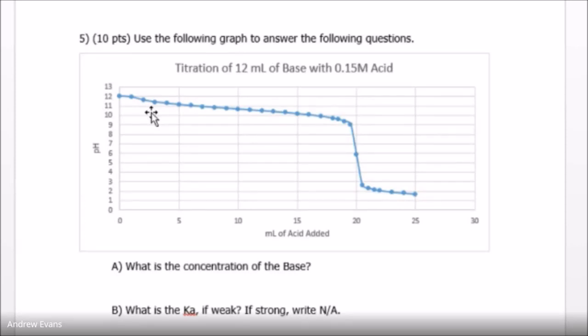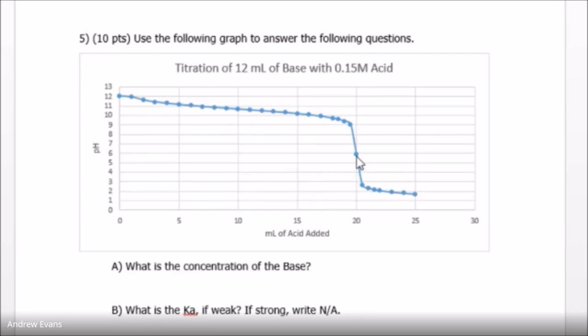We titrated 12 mL of a base with 0.15 molar acid. 12 mL base, VB. We want to know what is the MB when we used 0.15 molar acid. Well, what is the volume of acid?